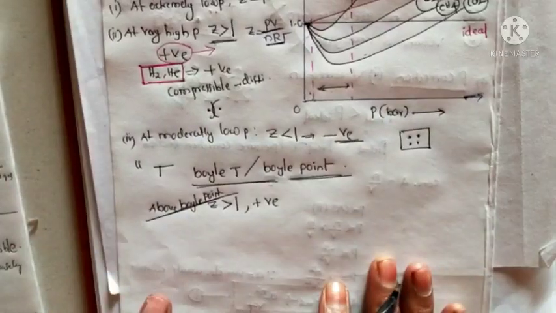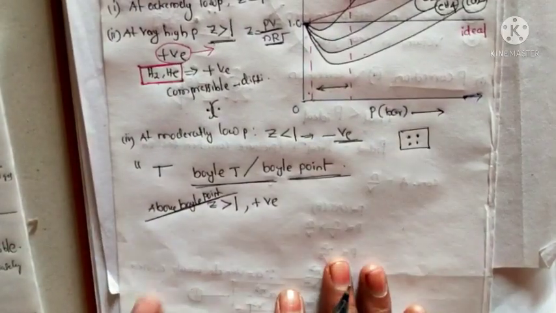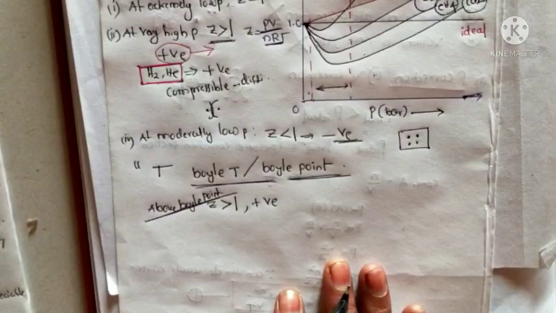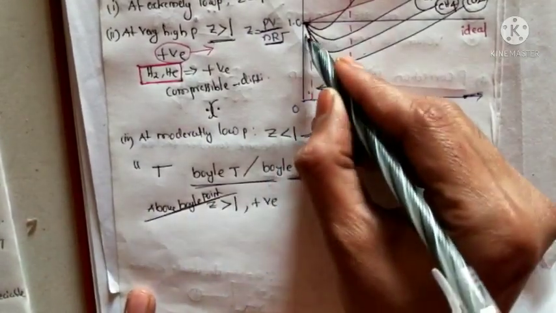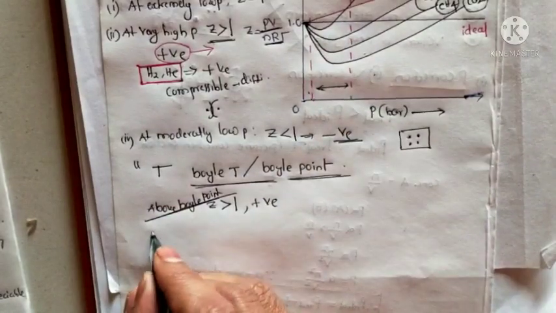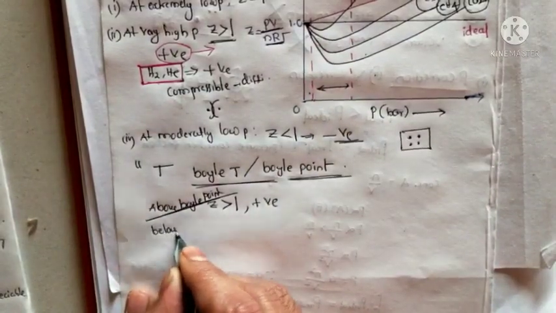Next one is below the Boyle point. Below the Boyle point, real gases first show decreasing Z values.